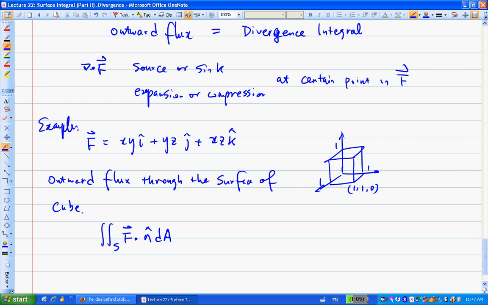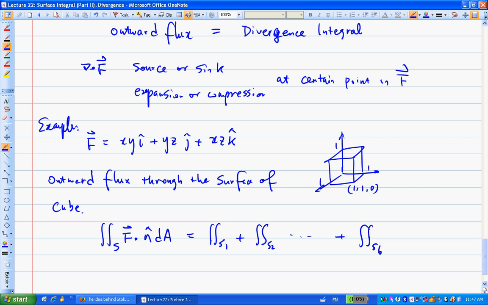So we're looking at a flux through how many surfaces? Six. If you really want to calculate it that way, you have to calculate S1, S2, up to S6.